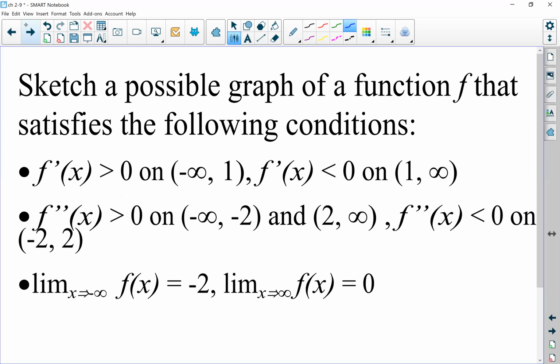And then we're also told that the limit as x goes to negative infinity is negative 2, and as x goes to positive infinity, we get 0. I'm going to write that down.